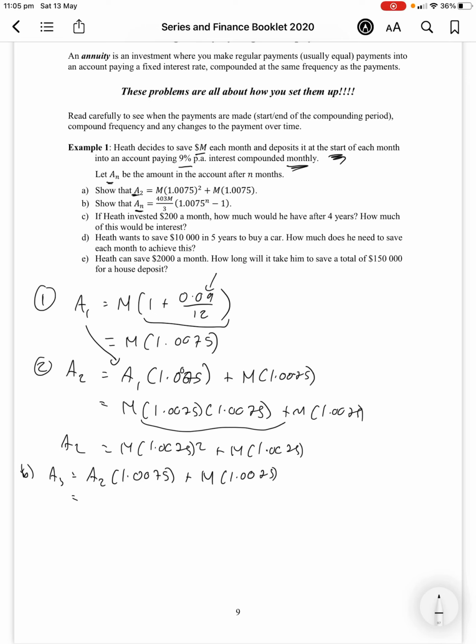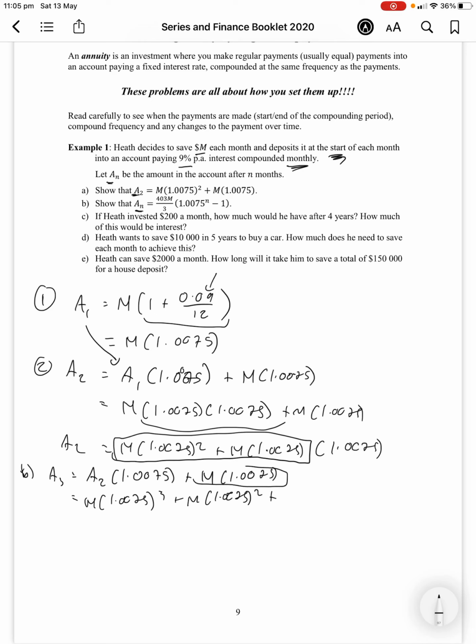If I put A2 into here and multiply everything by 1.0075, I'm going to end up with M(1.0075) to the 3 plus M(1.0075) squared plus the most recent payment, which I'm boxing right there, M(1.0075) to the 1.